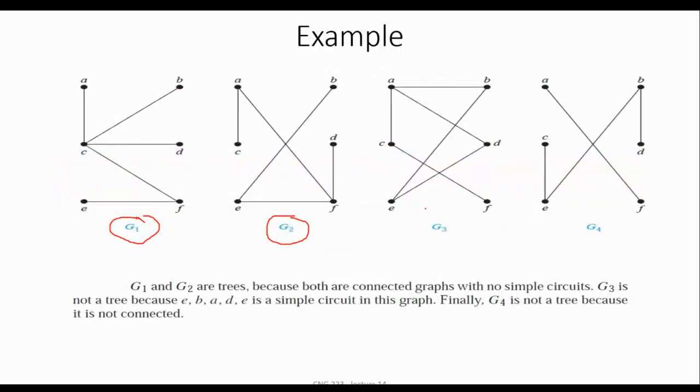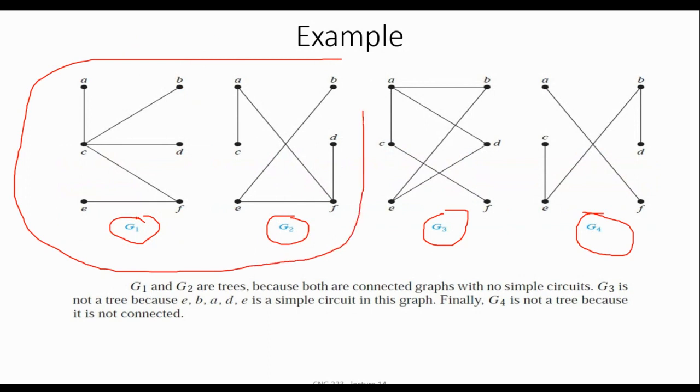Okay, now let's see why G3 and G4 are not trees. If you check them, you will see that they satisfy some of the conditions that we mentioned in the previous slide. But why is G3 not a tree? This is the counterexample, and just a counterexample is good enough to say that this is not a tree.